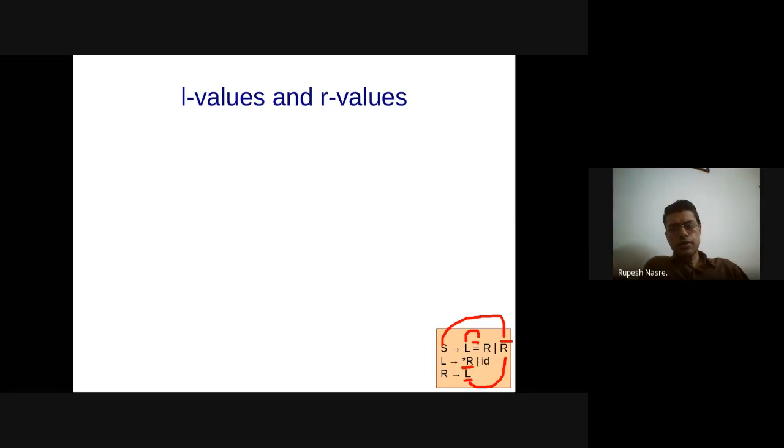So the first one, I1, is S prime deriving S dot, and on dollar from that state, there should be an accept.